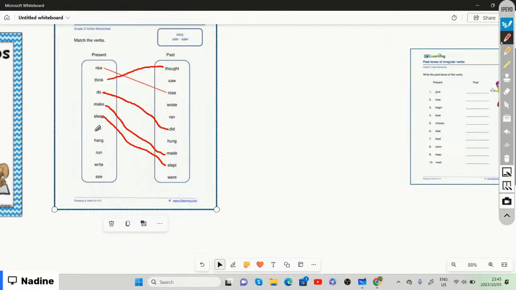I go to the park. But in the past, I went to the park. Hang. Mom asked me to hang the laundry. But in the past, I hung the laundry. Hung. So the spelling changes. Hang, hung.